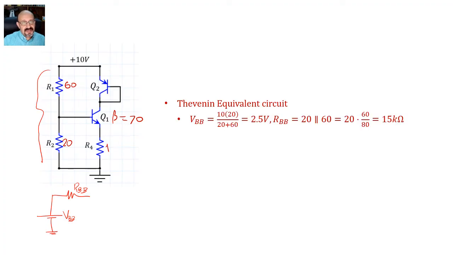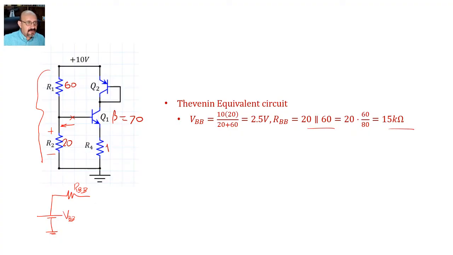The voltage of the Thevenin equivalent is 10 volts from the top divided by the sum of the resistors, multiplied by the resistor R2. Of course, we disconnected the load to do this computation. Then we find the equivalent resistance looking this way, 20 parallel with 60, which is just 15 kilo ohms.